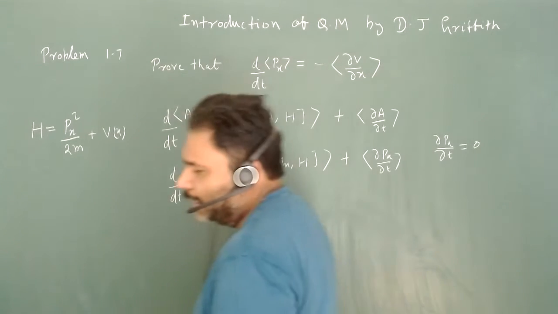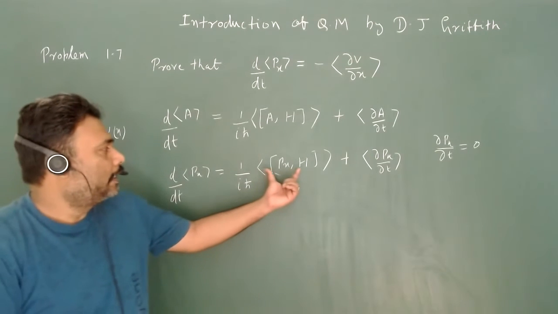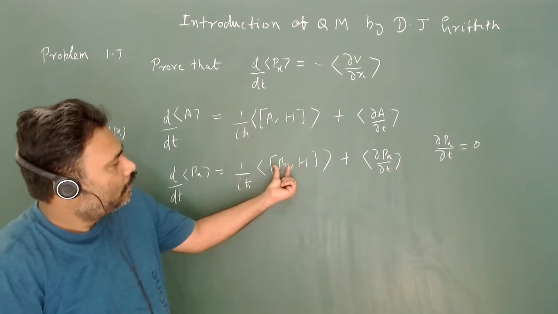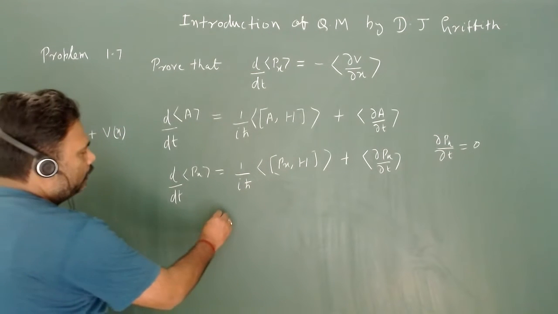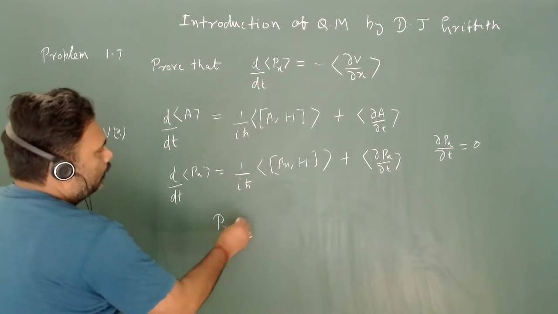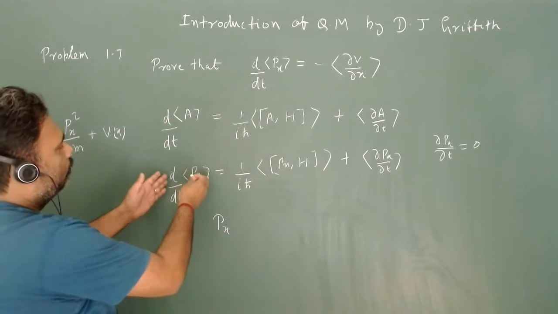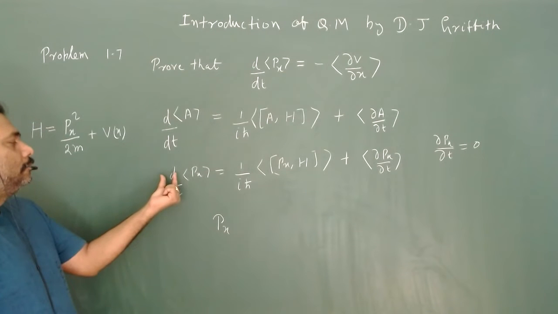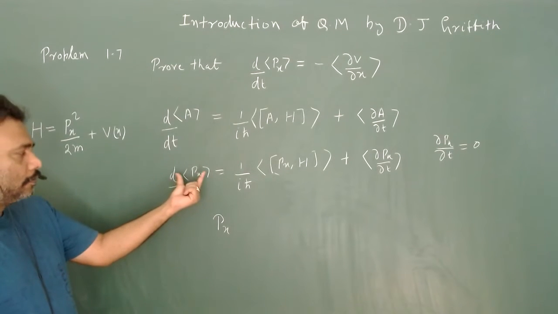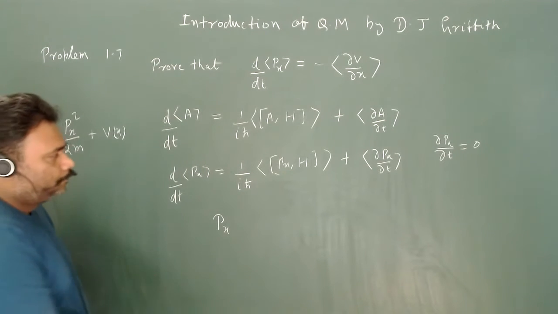The ultimate idea is that if we are able to calculate the commutator of px and H, then we can easily find the time derivative of the average value of px.